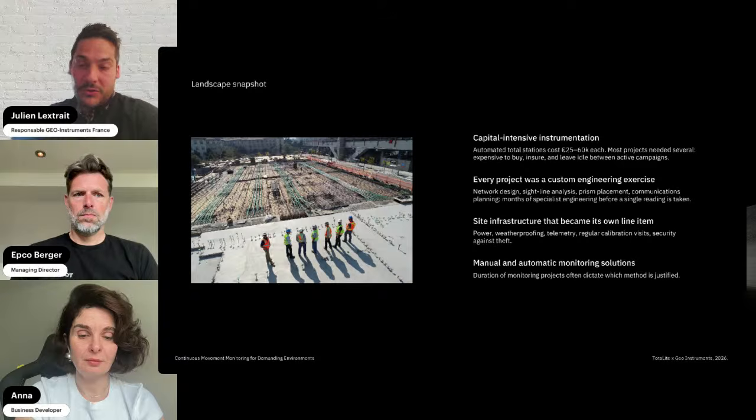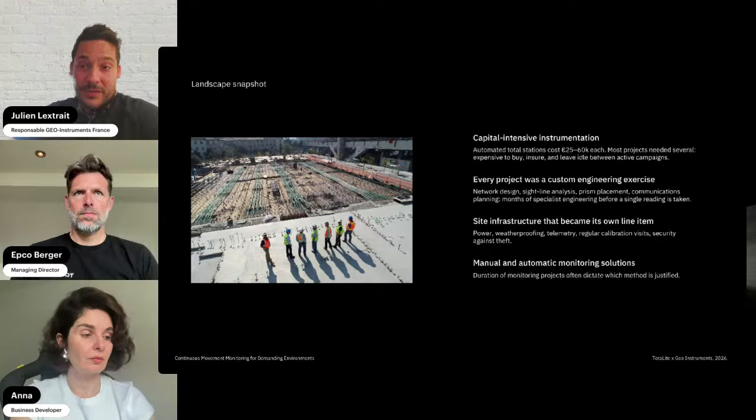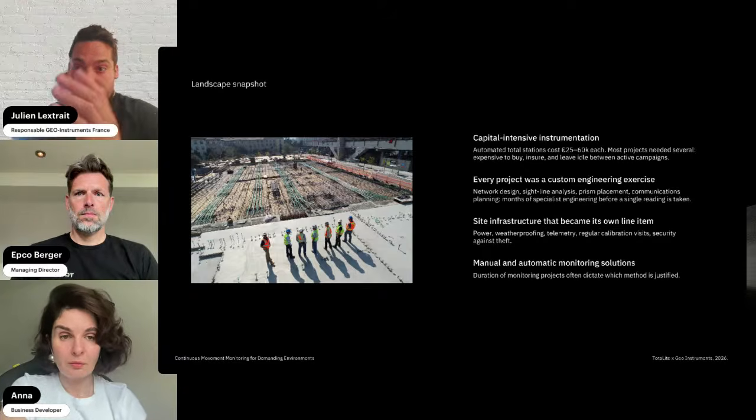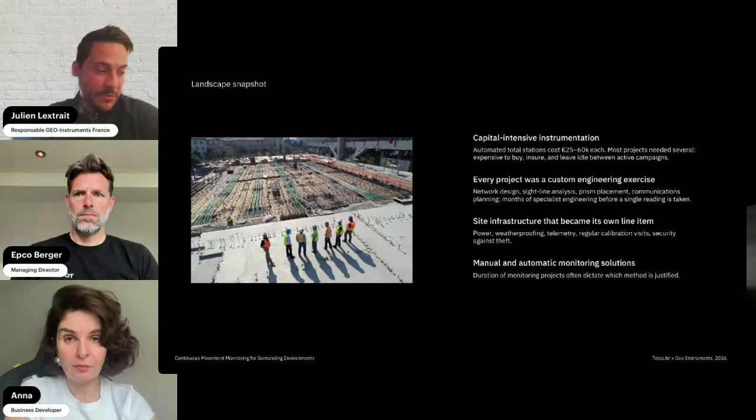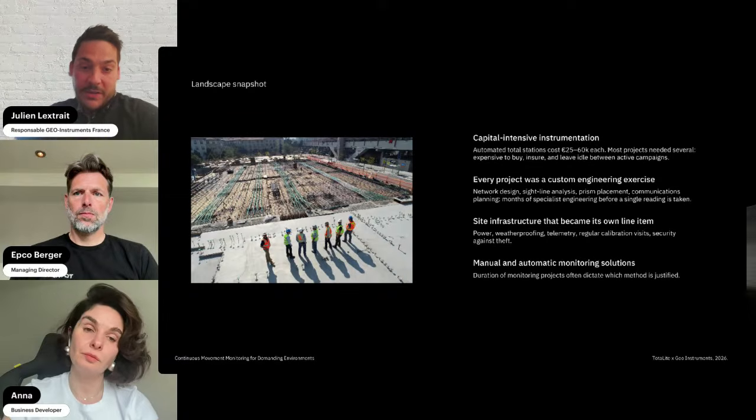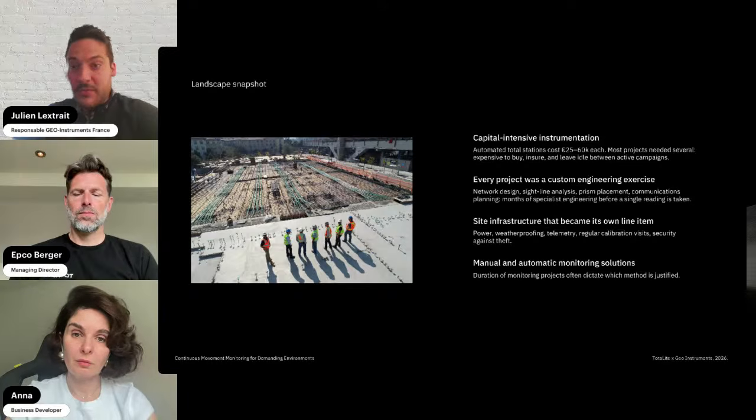You need to know in advance what the construction phases will be, so whether or not the building is going to rise up and block your lines of sight, for example. You need to think about the other contractors that might interact with your equipment. Then, when it comes to the site infrastructure, you need to think about powering the device, keeping it protected, and ensuring the telemetry is working, so you have a safe link from the site, which is not always a given.